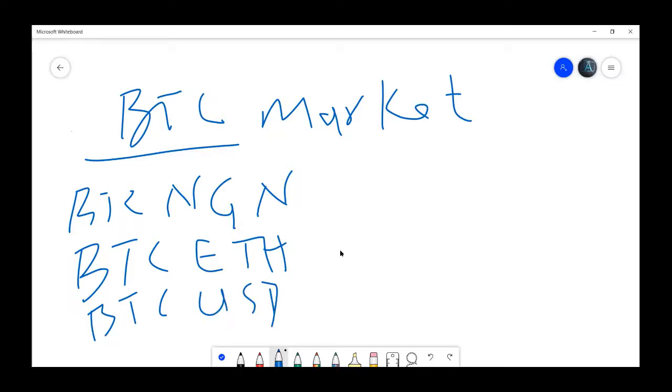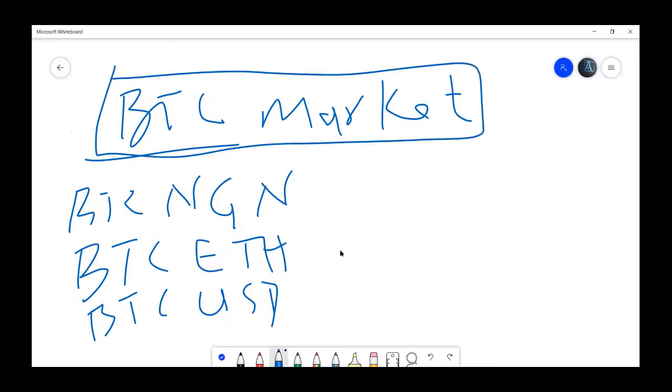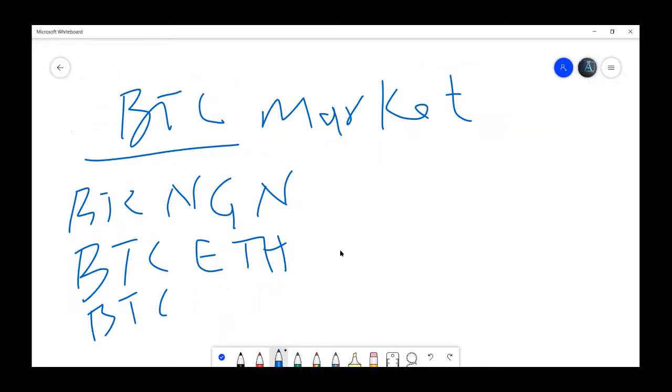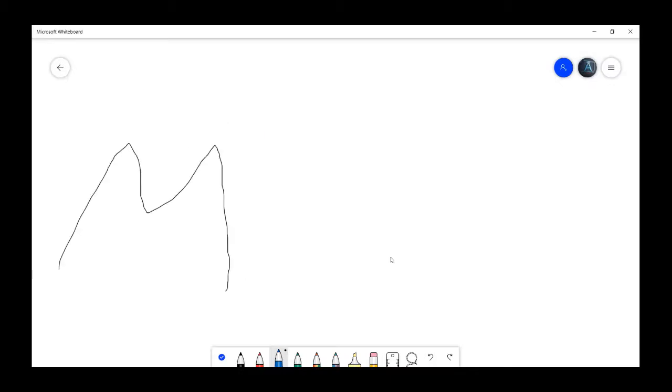That's just telling you that you are in the BTC market. Pardon my writing, I'm using a computer, so it's not straight. But I hope we get that clear. So let's leave that and move to something else.